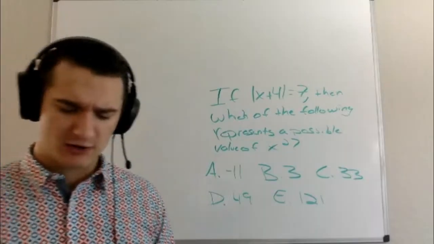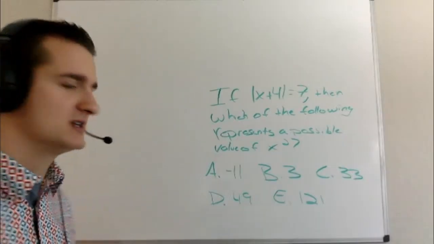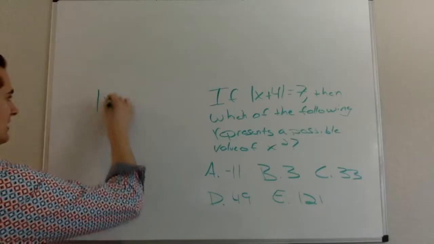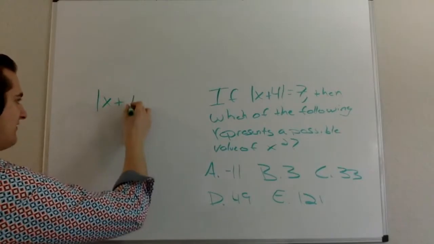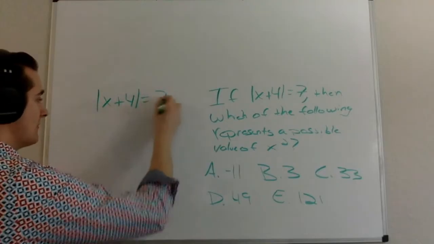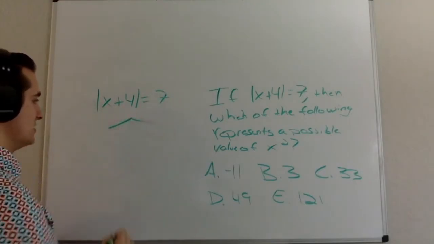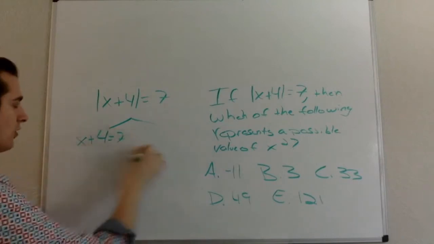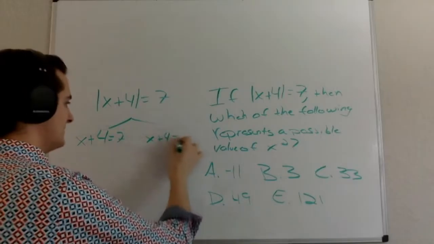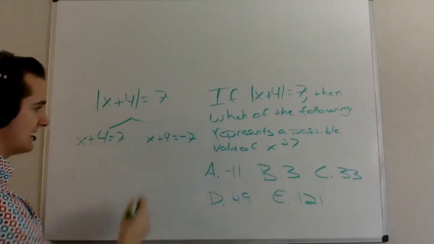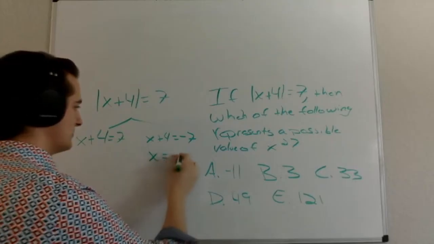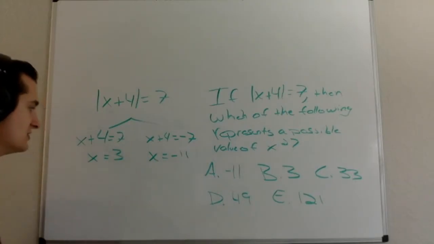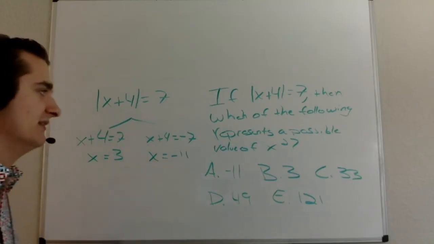Probably the most common way people will solve this one is to say, okay, the absolute value of x plus 4 is equal to 7, so I can split it up into two equations. x plus 4 is equal to 7, or x plus 4 is equal to negative 7. I can subtract 4: x is equal to negative 11 over here, and x is equal to 3 over there. So x is equal to 3 or x is equal to negative 11.